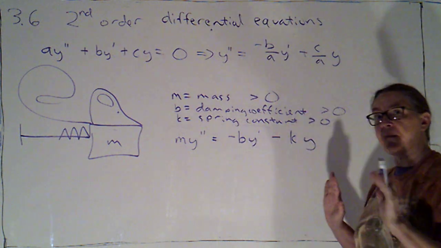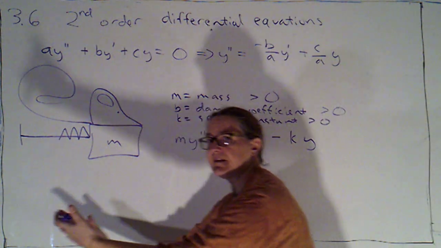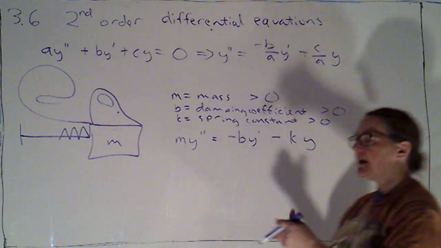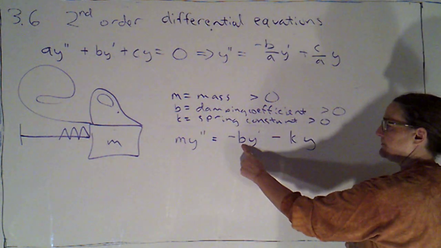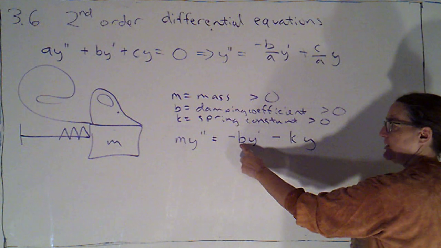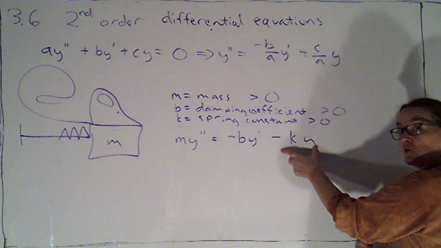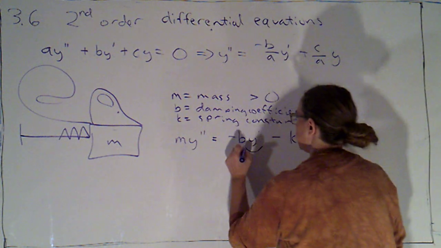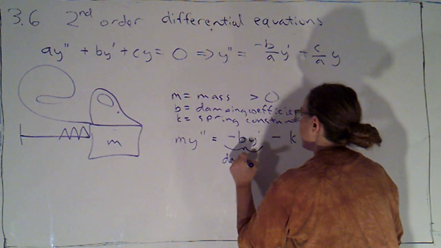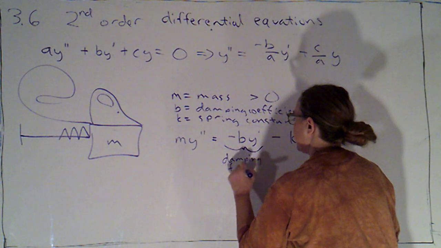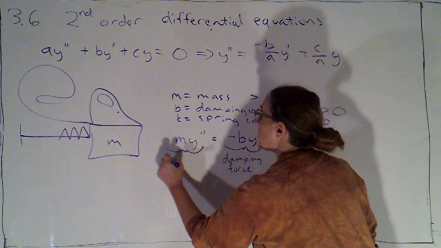Okay? So that if the mass was trying to move in this way, the damping forces are pushing it back. So if B is a positive number, we take a negative copy of B and multiply it by the velocity. Then this was our restoring force. So this was our damping force. This, we said, was the total force.